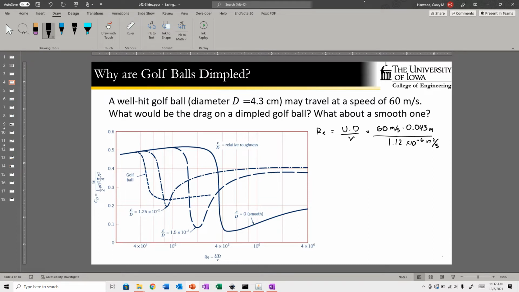And I did not write down the solution beforehand, so I'm going to do this live. 60 times 0.043 divided by 0.2.